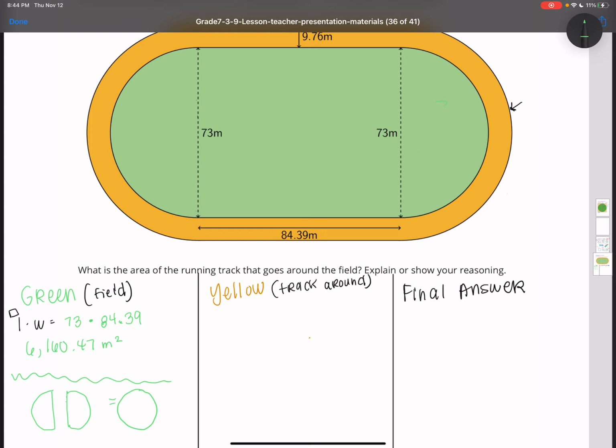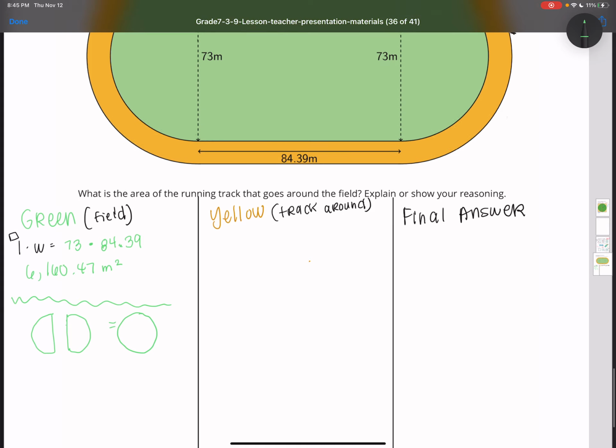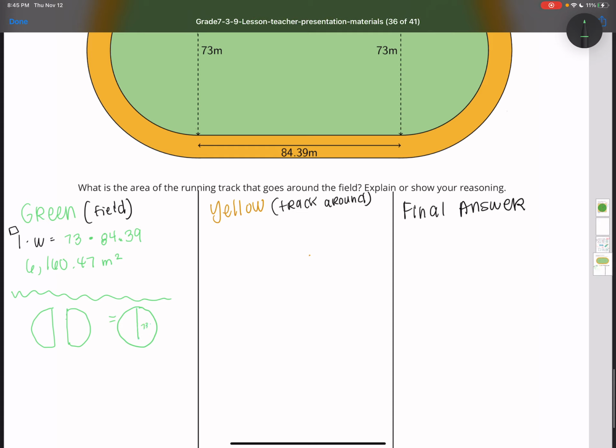And this is 73 meters long. Now, you have to decide, is this a radius or a diameter? We had a big debate about this in our Google Meet session. It is a diameter, but you don't want to add these two numbers together. This is only the diameter. It's still going to be 73 meters.